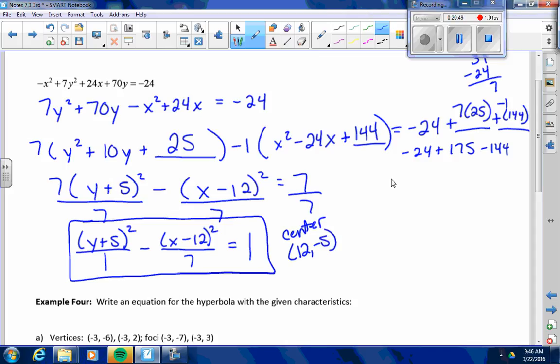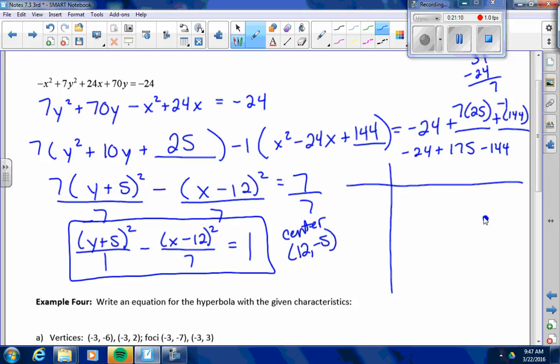Okay. So now let's see. That then becomes over 12, down negative 5. Is that better? Okay. Which direction does it open? Up and down. And from the center, what is A? A is 1.